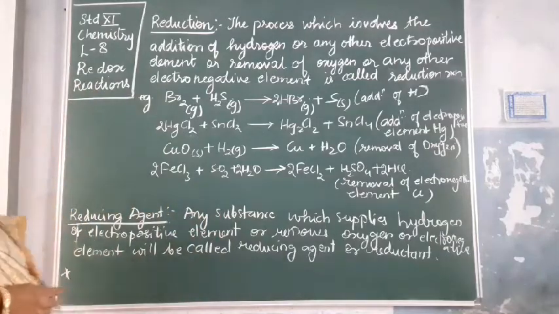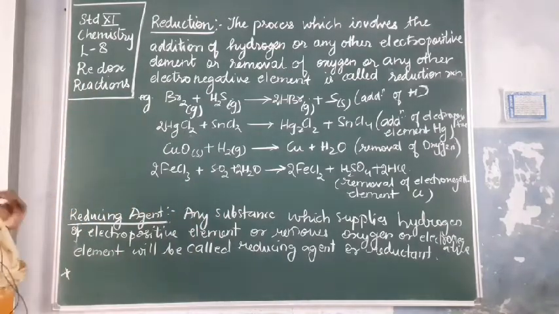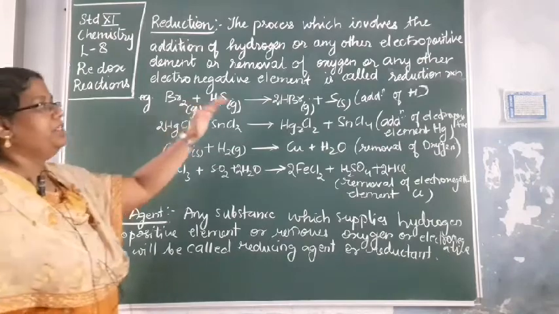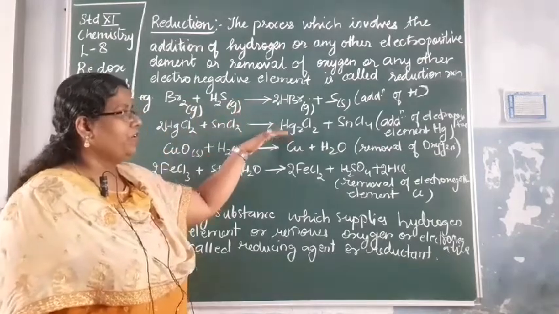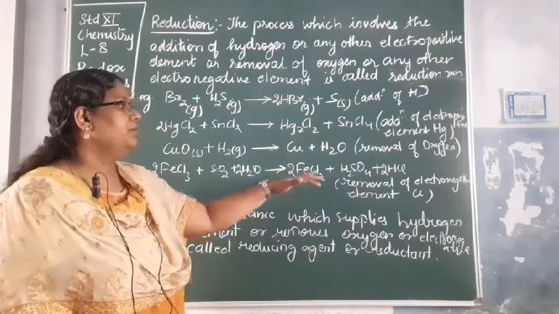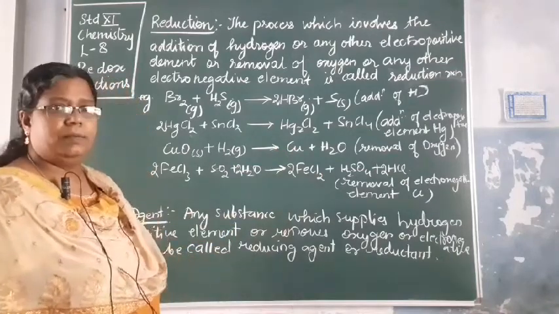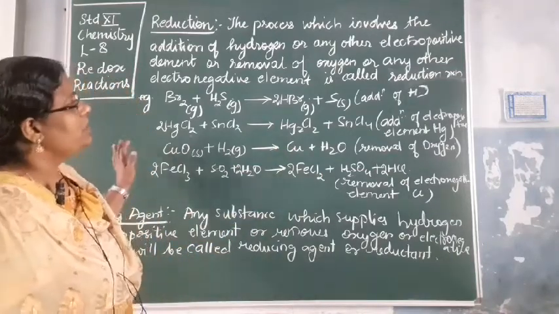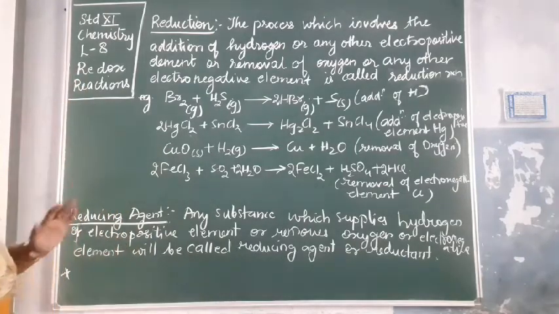So all these reactions show the addition of hydrogen, addition of electropositive element Hg, removal of oxygen, then removal of electronegative element Cl. Okay? So this is how you can define reduction reactions.